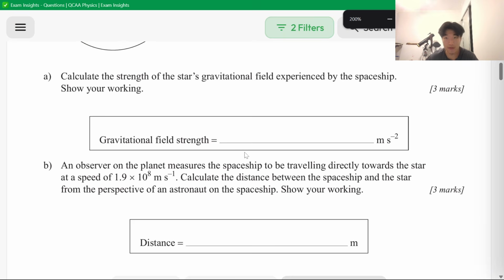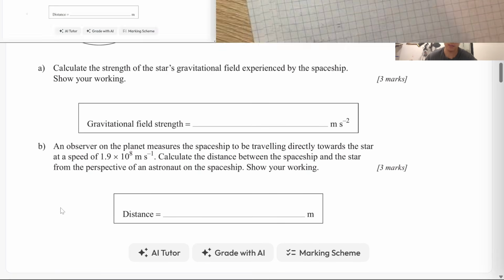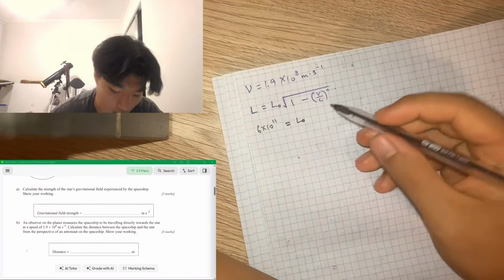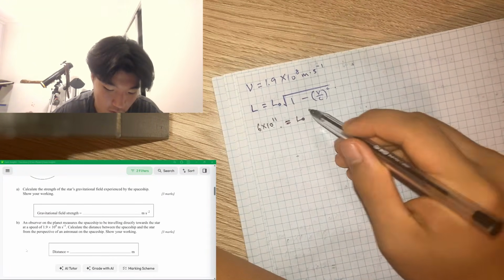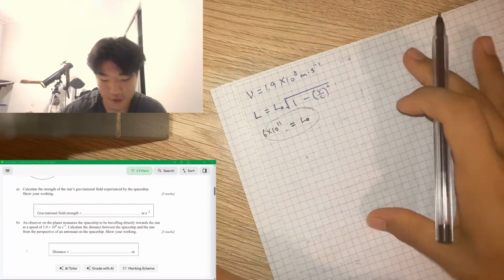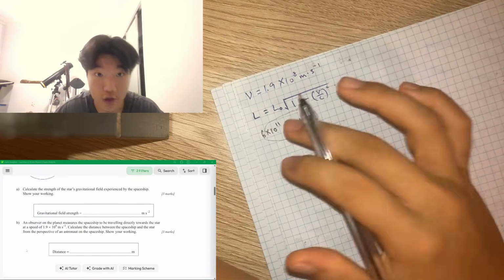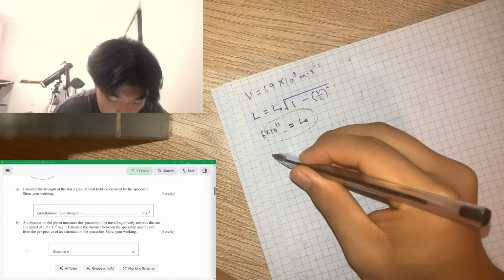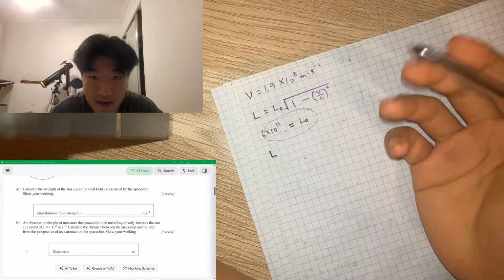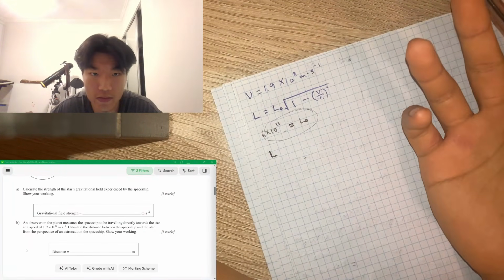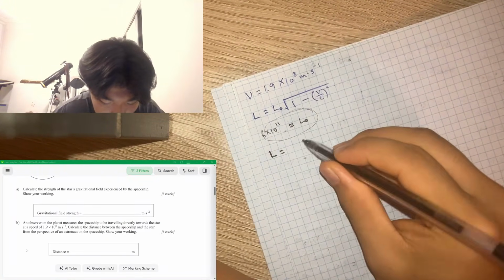That's because I'm applying it to the question. That's the true length. This is the true length. So what I wrote here is basically correct. What I was going to write was square root, but this is actually the correct thing. So in this case, the dilated length, just L, would be the length that is being measured by the observer on the spaceship.